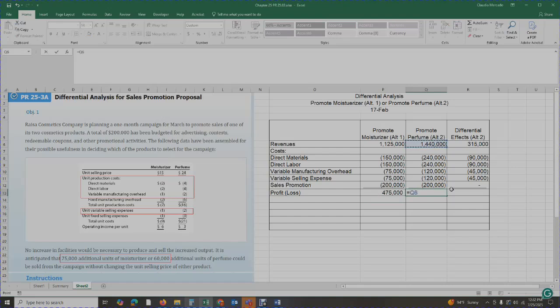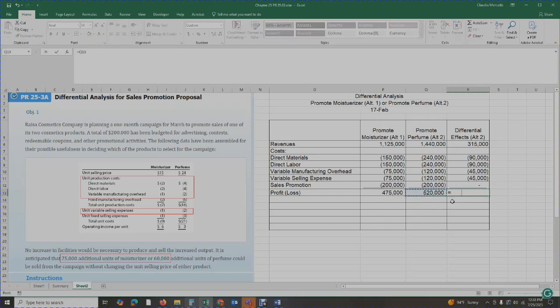This is the money coming in, and then this is all of the money coming out. So that's going to give me, did I add correctly? Let me see. Oh, I missed one. You see, sometimes we have to double check our work. There we go. So we've got 520,000 profit for the perfume.